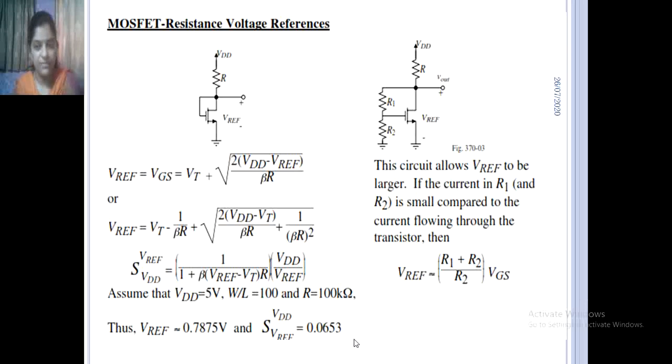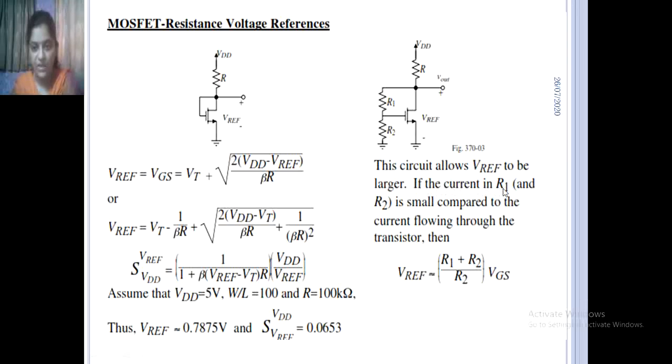Then if we are using a voltage divider network, R1 and R2 form the voltage divider network. So V reference is adjusted through R2. This circuit allows V reference to be larger.